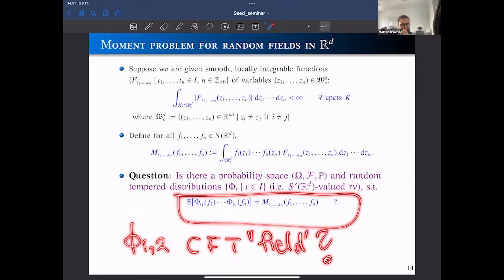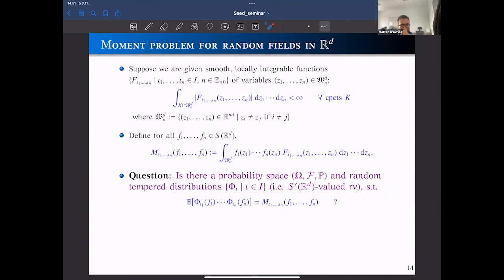What does it mean to be a field? So one way to try to construct them would be to say that they live in some dual of the Schwarz space. So this is just random distributions, random objects that you can test against test functions. So they should have some probability measure if they exist and some expected value.